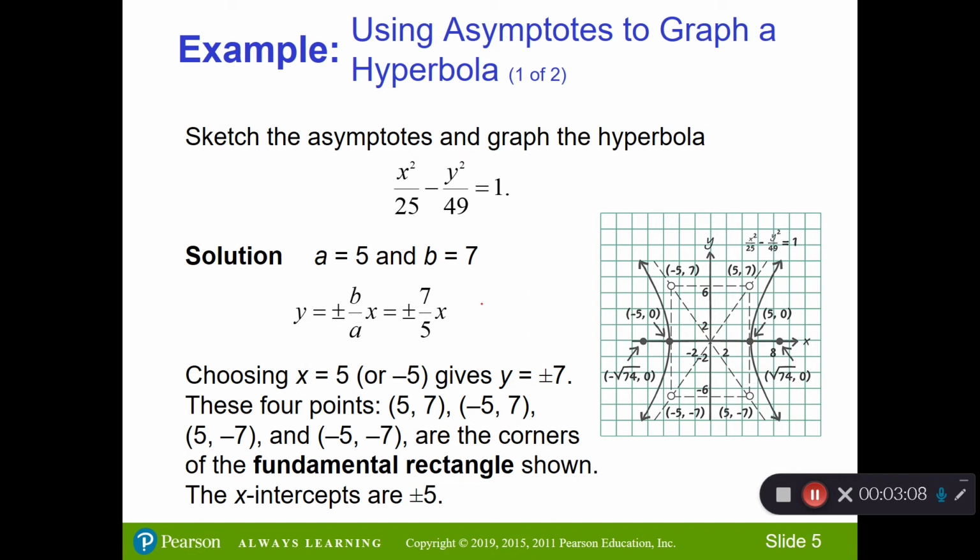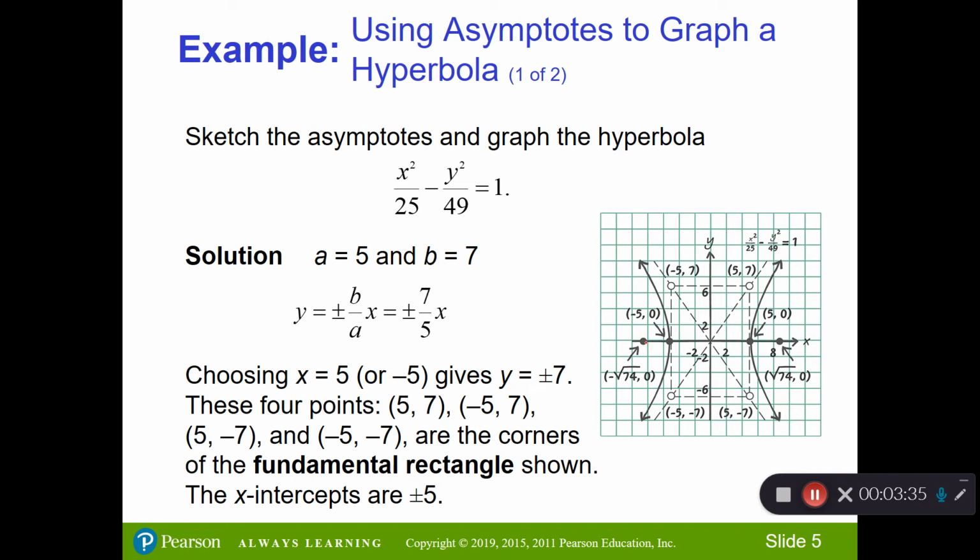Now, the easy way to get the asymptote is from that 5, go up 7 and down 7, and from this 5, go up 7 and down 7. That forms a box, and then your asymptotes go through the corners of the box. Then just draw the hyperbola through this point, coming close to those asymptotes, and through this point, coming close to those asymptotes.